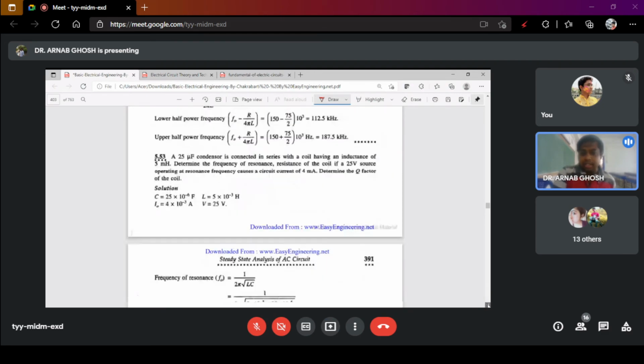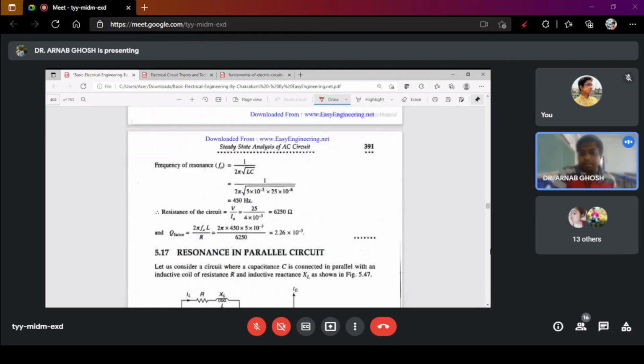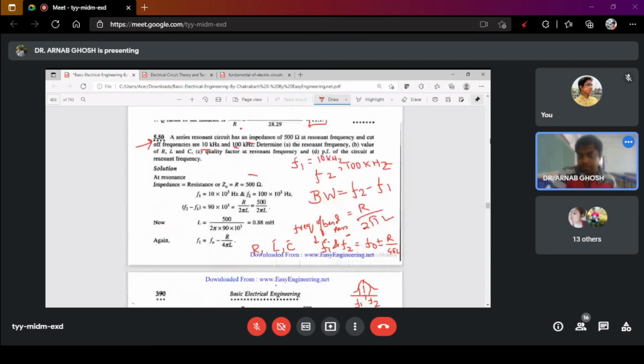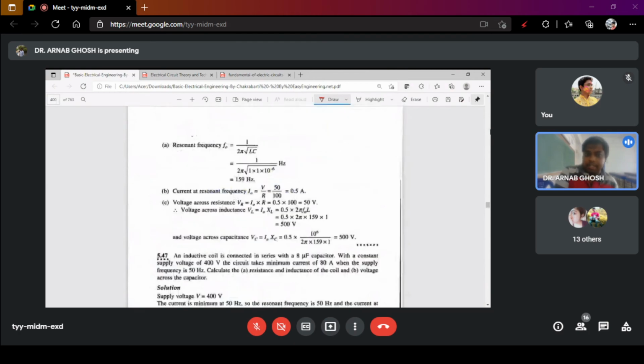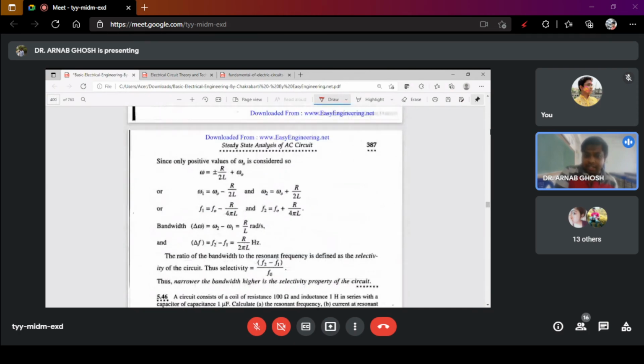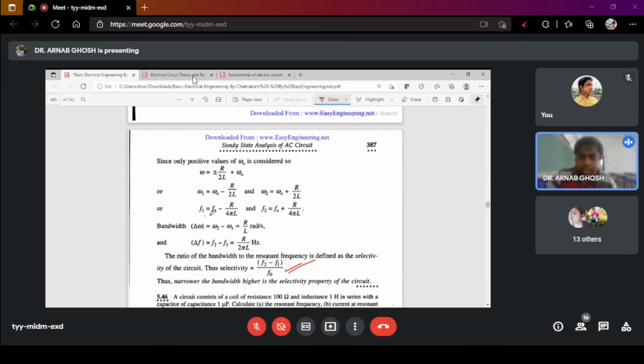And one more thing is the calculation of selectivity. This has not been shown here, or no problem has been given here, but for the selectivity case you have to apply this formula. So all this is related to F2 and F1. This thing is F1 and this thing is F2.